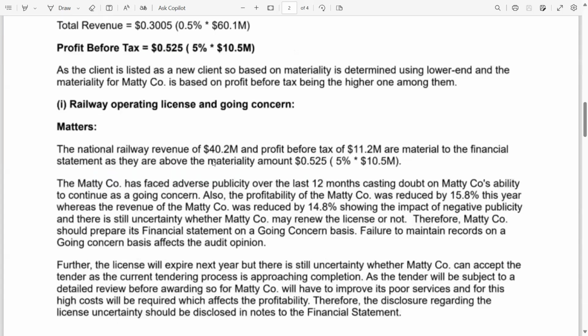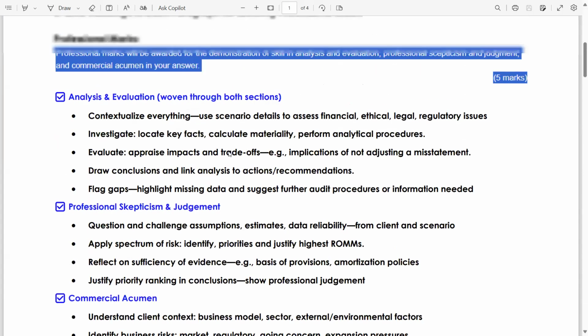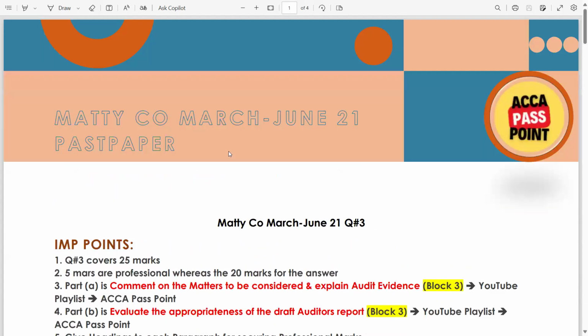Look at this one. The impact is material as the amount of misstatement is greater than materiality. So, if the management does not make a disclosure of the material uncertainty relating to going concern paragraph, then of course this will be a misstatement and the effect is material.